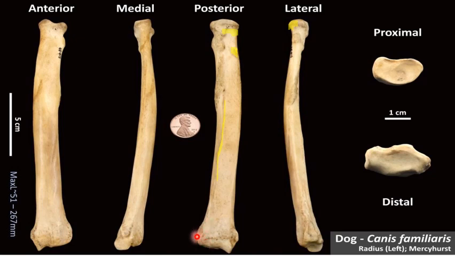This is the ulnar notch. So laterally we have the ulnar notch, medially we have the styloid process, cranially we have three grooves, and distally we have carpal articulating surfaces in the radius bone.